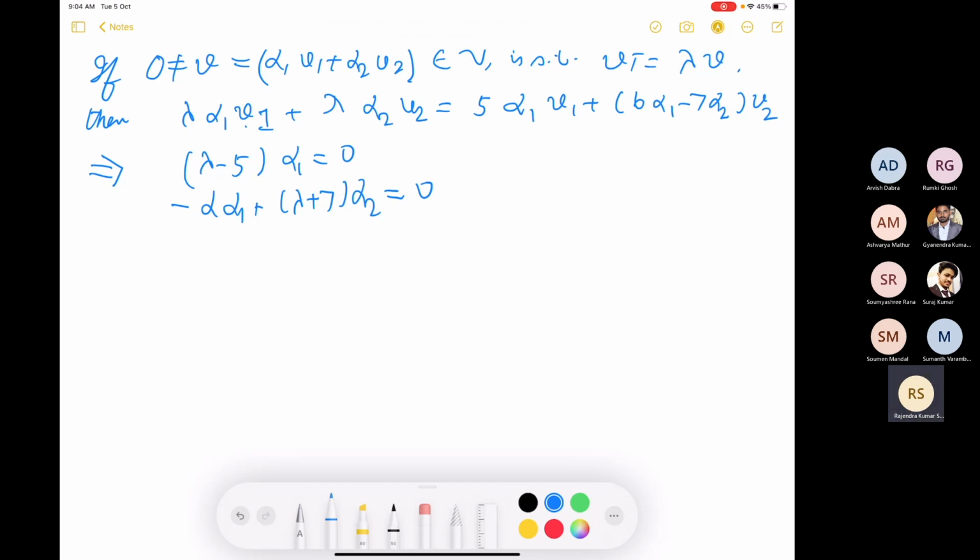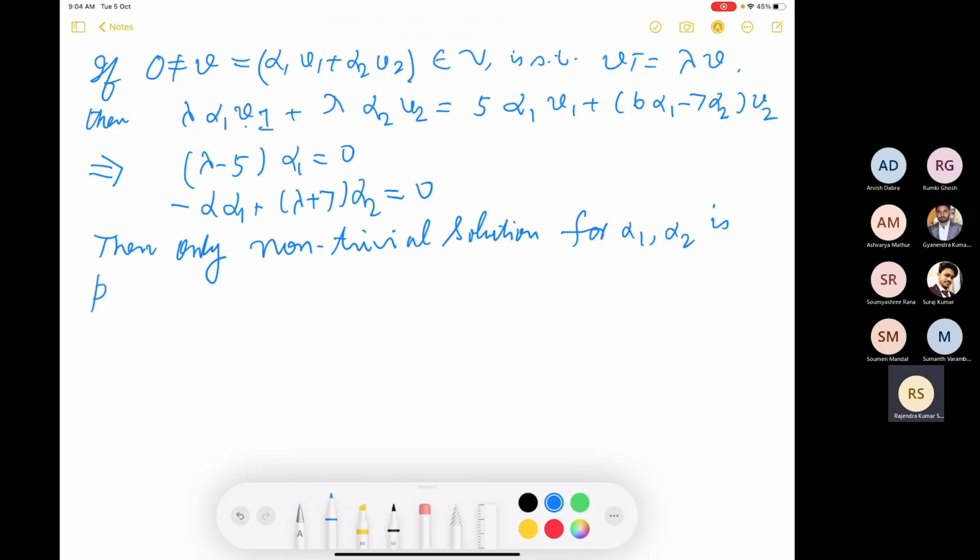And the non-trivial solution for alpha 1, alpha 2 is possible only when lambda equal to 5 or lambda equal to minus 7.